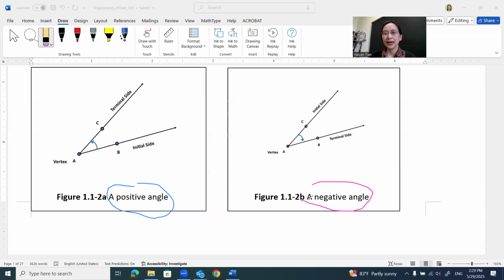And we call it a negative angle. So the 2 angles are different because from initial side to terminal side, one is counterclockwise, one is clockwise. So one is a positive angle, the other is a negative angle.